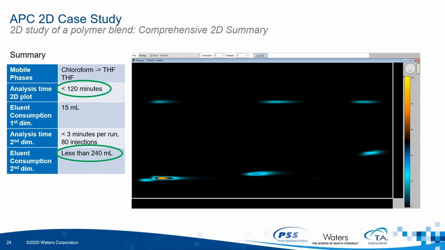The total solvent consumption is less than 250 milliliters for our metric calibrated audience. For all others that are more familiar with imperial measures, it is a bit more than a half US pint. With a non-GPC setup, the total solvent consumption would be considerably higher.